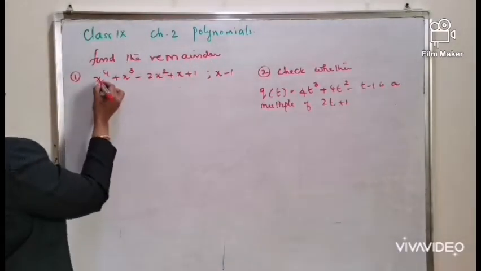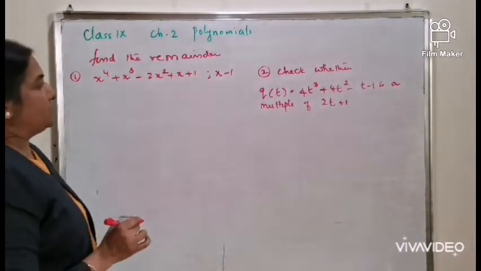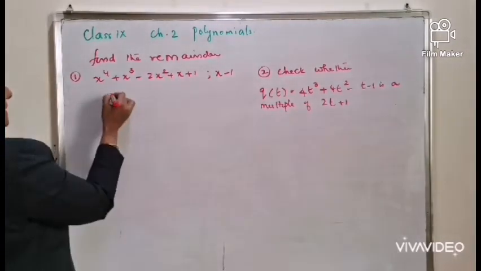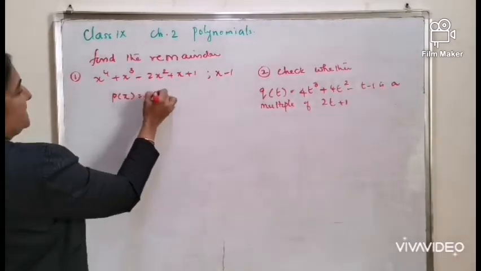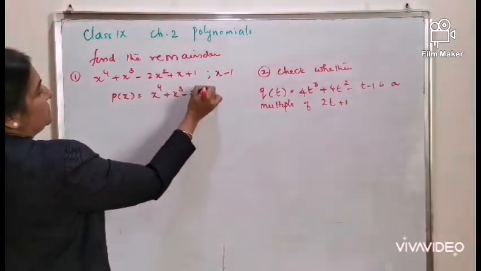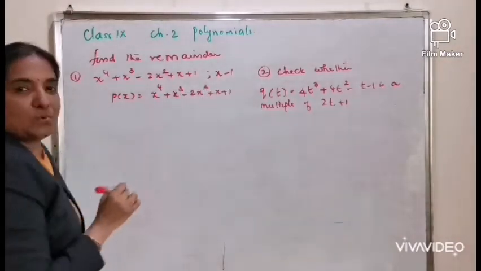Find the remainder when x raised to 4 plus x cubed minus 2x square plus x plus 1 is divided by x minus 1. The presentation should be p of x is equal to x raised to 4 plus x cubed minus 2x square plus x plus 1.